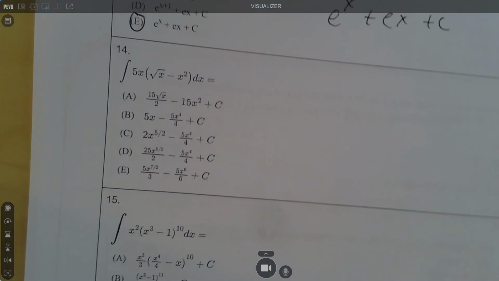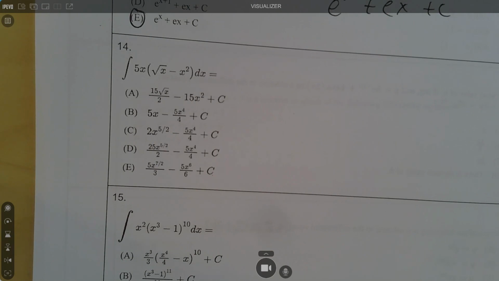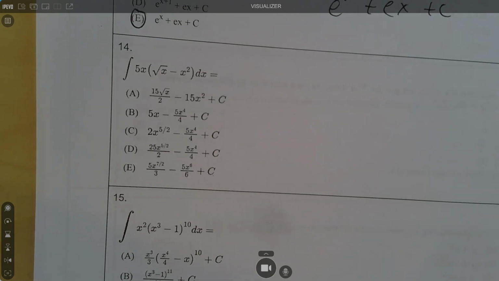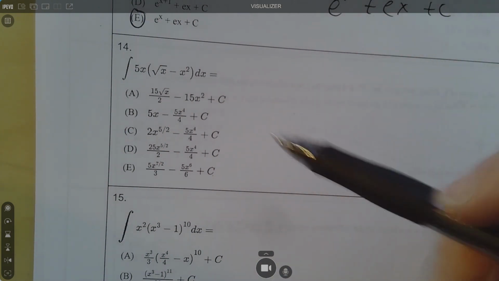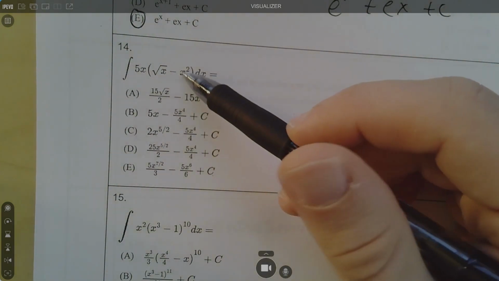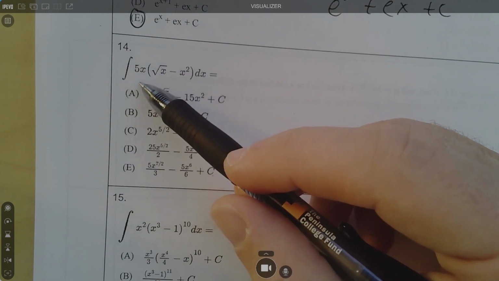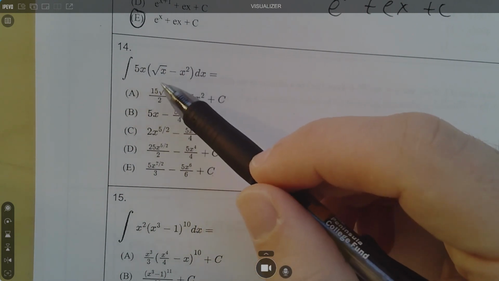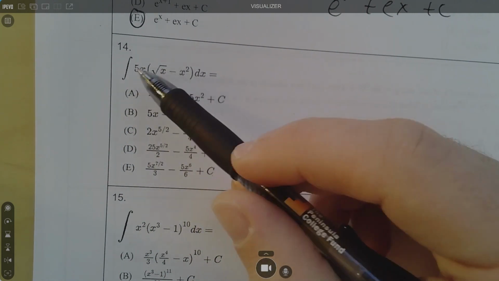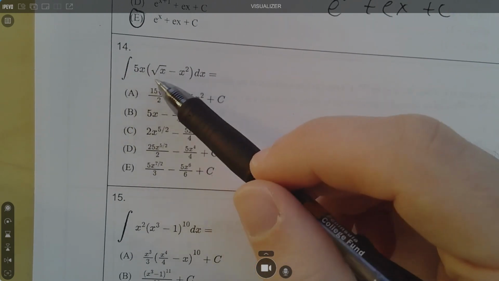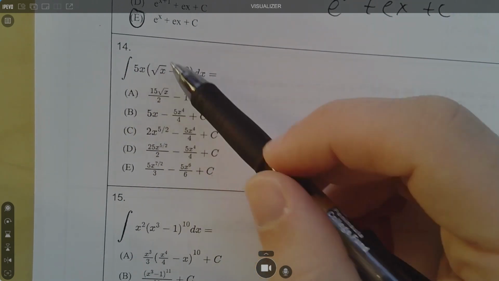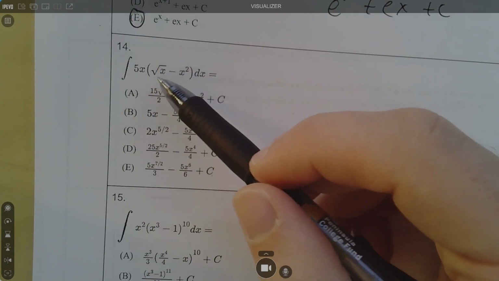14. Okay, this is a cool one, which I haven't gone over with you much. This is not a u sub because the derivative of this doesn't match that exactly. The 2x does become an x, right? Like a 2x and a 5x, I can use that to cancel the x out. But then I'm going to get this other derivative from that root x, which I don't want.